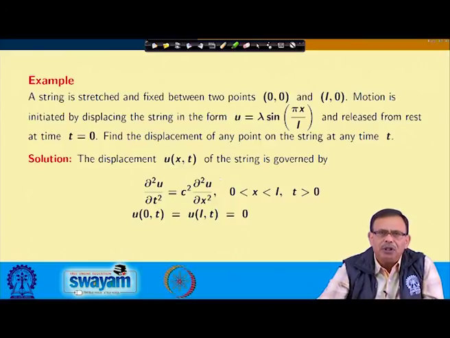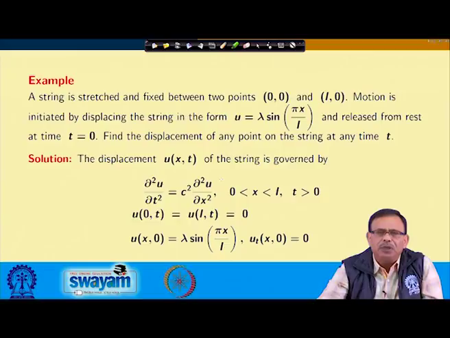So that u 0 t equals u L t equals 0, and also the motion is initiated by displacing the string in the form u equals lambda sin pi x by L. Therefore, at t equals 0 the value of the function is lambda sin pi x by L, and from here you can tell u t x 0 equals 0.